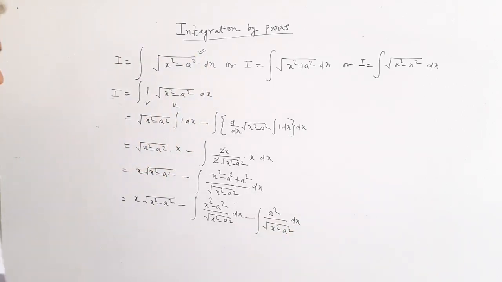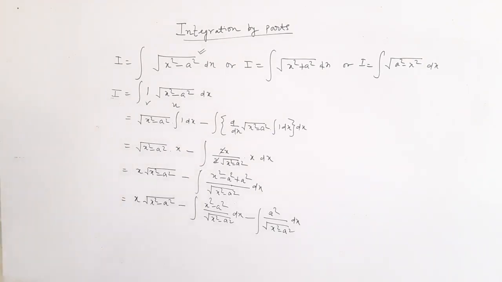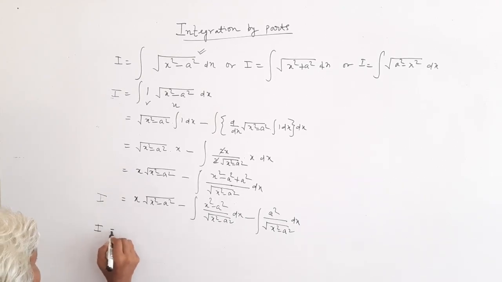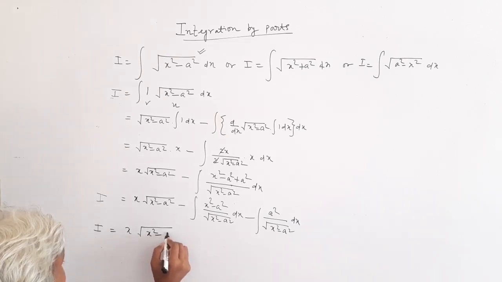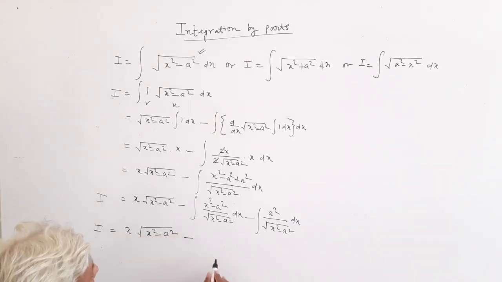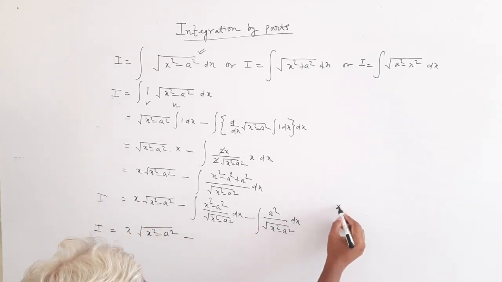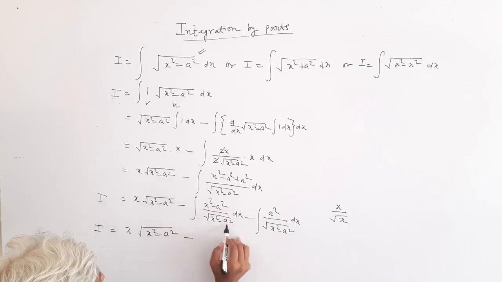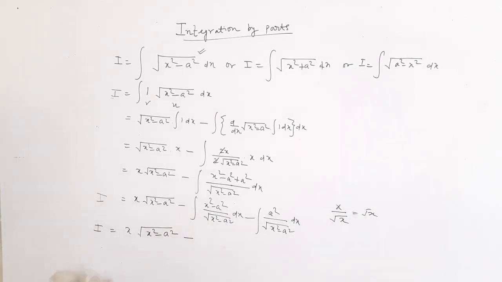Now I am going down, and then you see how this line can be solved. So this is my I. So here I is x under root x square minus a square minus, if you see here, the form goes like something over under root of the very same thing. So this cancels, this always becomes under root x square minus a square.